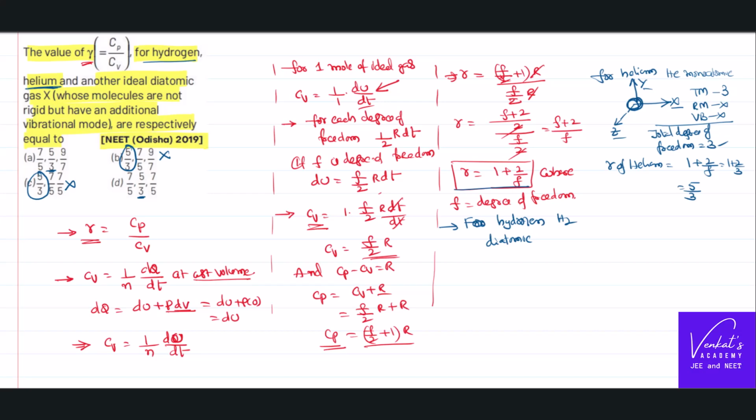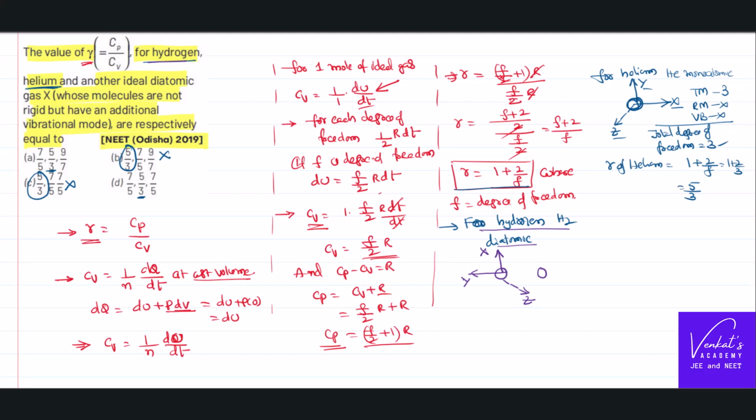Now I can talk about hydrogen here, which is a diatomic gas molecule. Being a diatomic gas molecule, the system can have translatory motion along the x-axis, along the y-axis, and also along the z-axis, right?